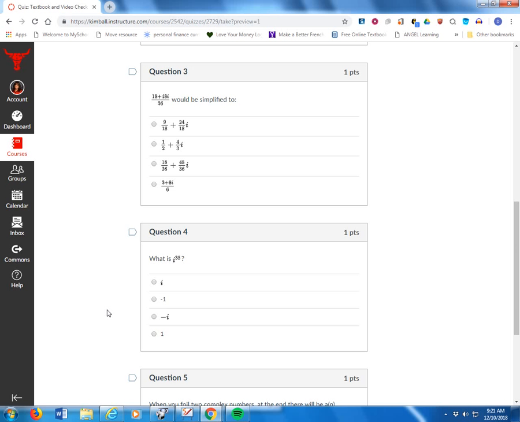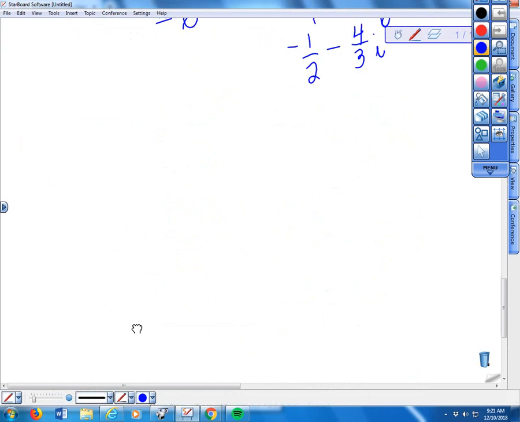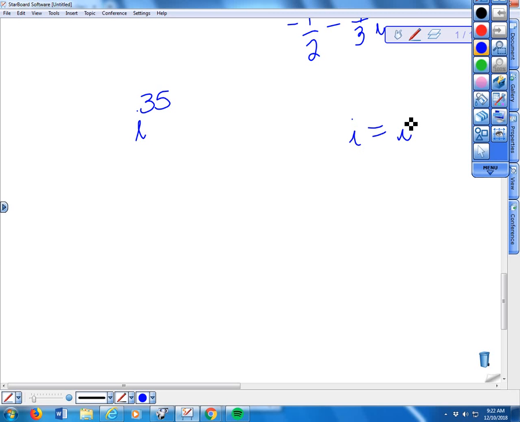Question 4, i to the 35th power. This is a review from last section. Okay, so let's go through this again. The 4 iterations of i: i to the first is equal to itself. i squared is equal to negative 1 because i is the square root of negative 1.